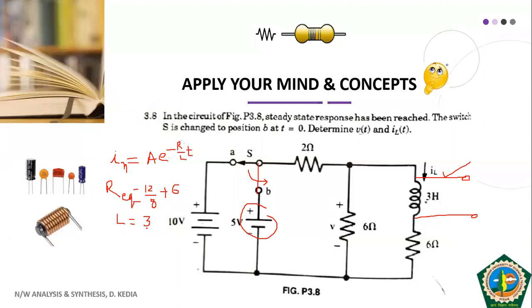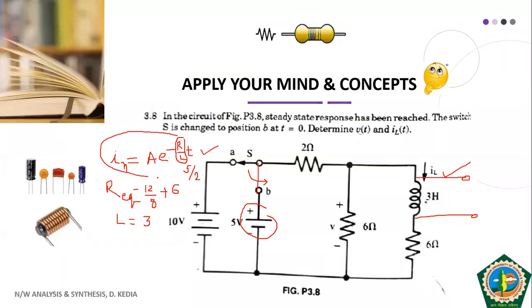If you substitute these two, R by L comes out to be 5 by 2. So the equation for the natural response comes out to be A e raised to power minus 5 by 2 into t. This is our natural response.